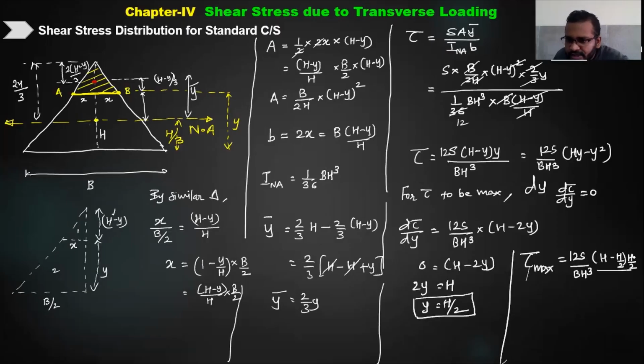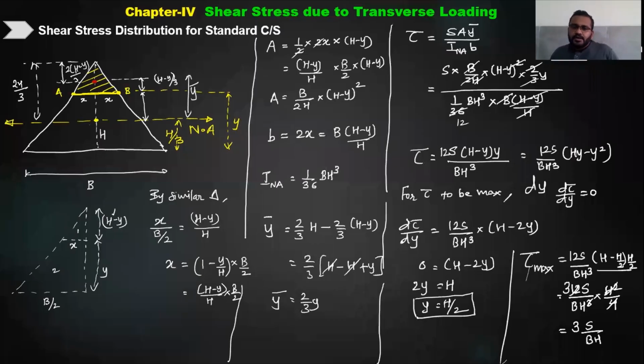So h minus h by 2 is h by 2, and h by 2 into h by 2 becomes h square by 4. So I will get 12S by bh cube into h square by 4. If you simplify, h square and this h get cancelled, and 12 by 4 is 3, so I will get this as 3S by bh, right?